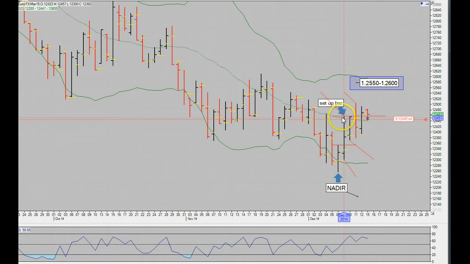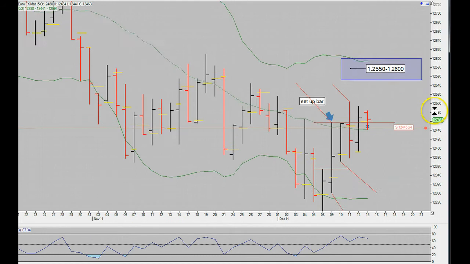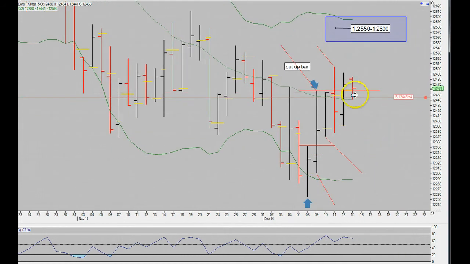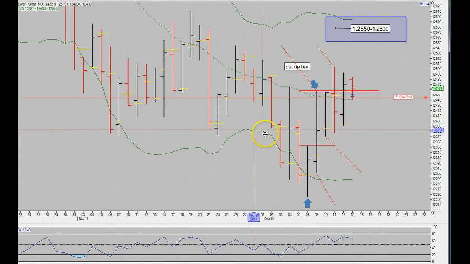So we would have support right there at the high of our setup bar. I'm going to zoom in a little bit so we can see this a little clearer for you. Pardon my delay on this. I just want to make sure you can see it accurately.